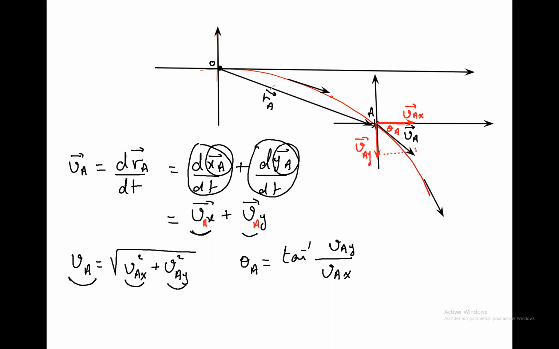We can do the same for the point C, and the point D. Always, you know how you can calculate the direction and the magnitude of any velocity. It's like this. The most important point is that the velocity is always tangent to the trajectory.